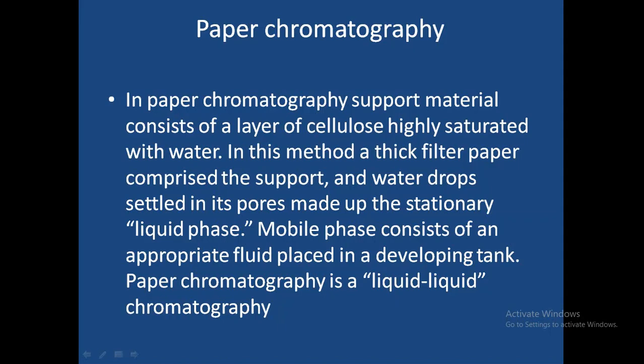That means paper is used as the stationary phase, and the solvent used in the paper chromatographic system is used as the mobile phase. Now the mobile phase is going to carry the sample along the stationary paper supporting matrix.